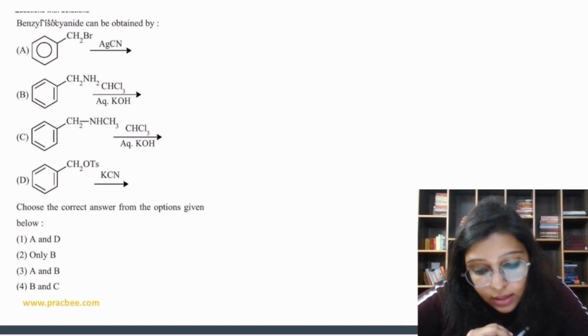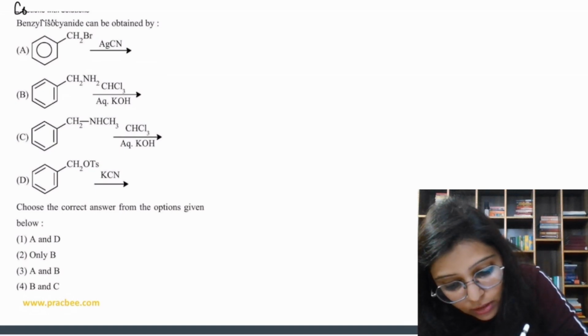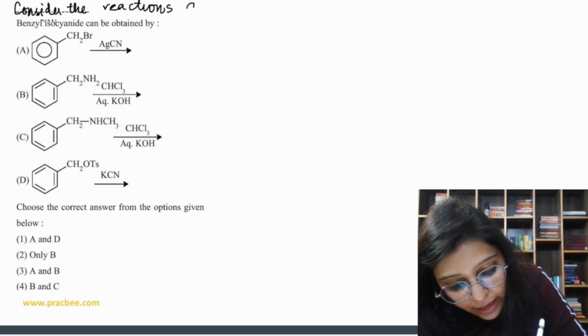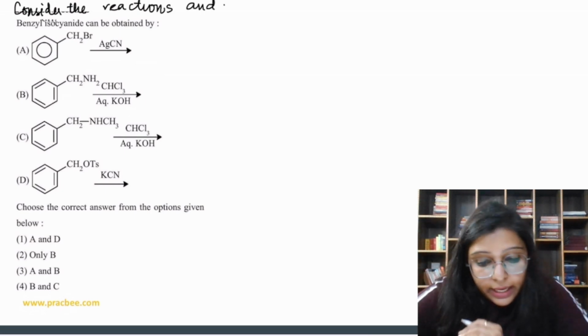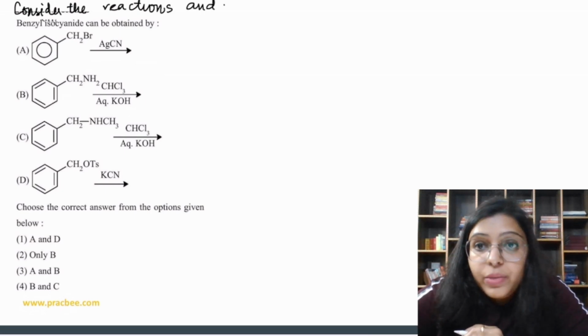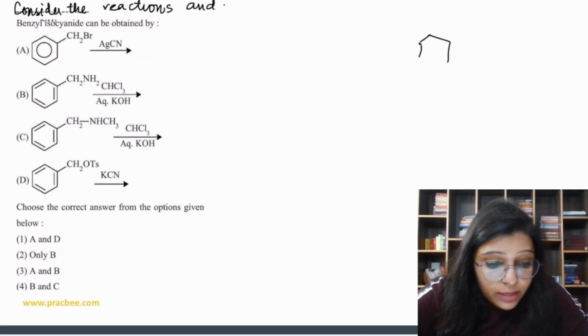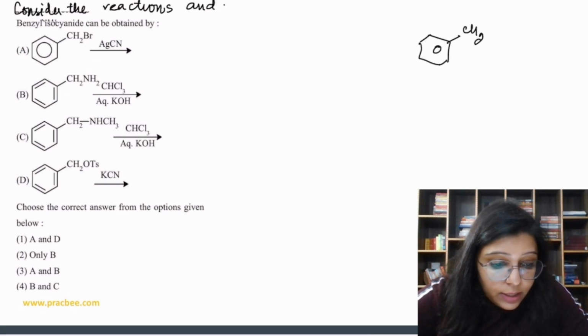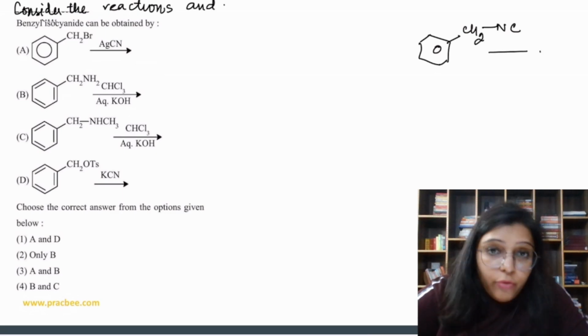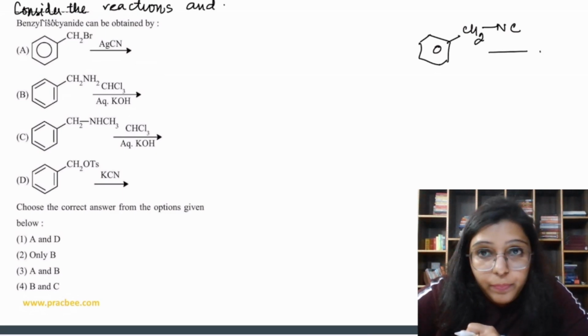Question says consider the reactions, and we have to find which can give benzyl isocyanide. Benzyl isocyanide is this, CH2NC. From which compounds can we prepare it?